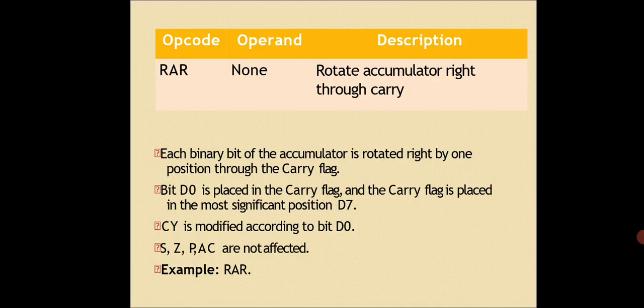The next instruction is RAR, rotate accumulator right through carry. This is an instruction which rotates the accumulator contents by 1 bit position right through the carry, that is D0 goes to the carry and carry goes to D0. No other flags are affected. So carry flag CY is modified according to bit D0. S, Z, P, AC are not affected.